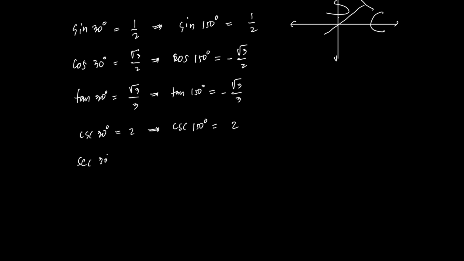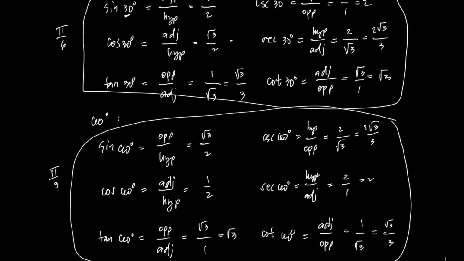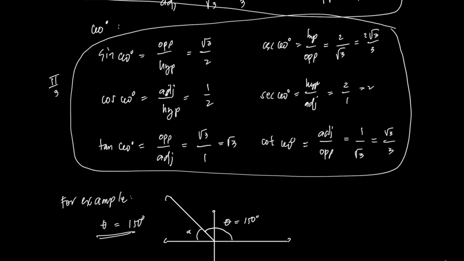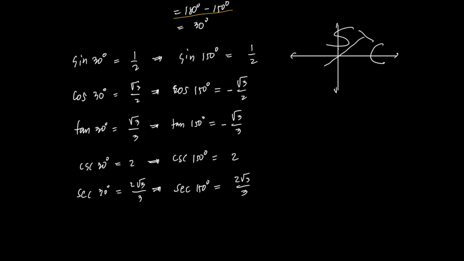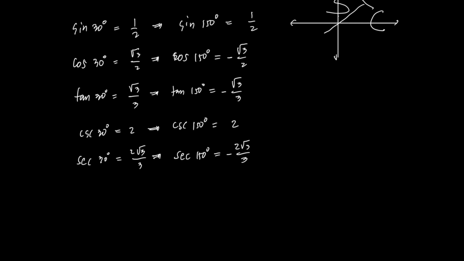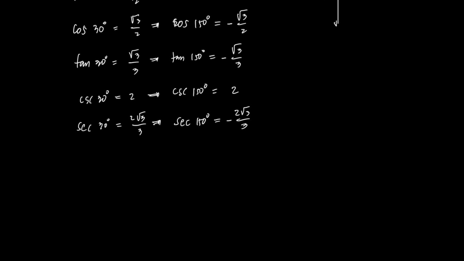Now, for the secant 30 degrees, that is 2 square root of 3 over 3. Is it correct? Secant, yeah, 2 square root of 3 over 3. So, therefore, our secant 150 degrees is 2 square root of 3 over 3. And then, secant in the second quadrant is negative. So, this is negative here.